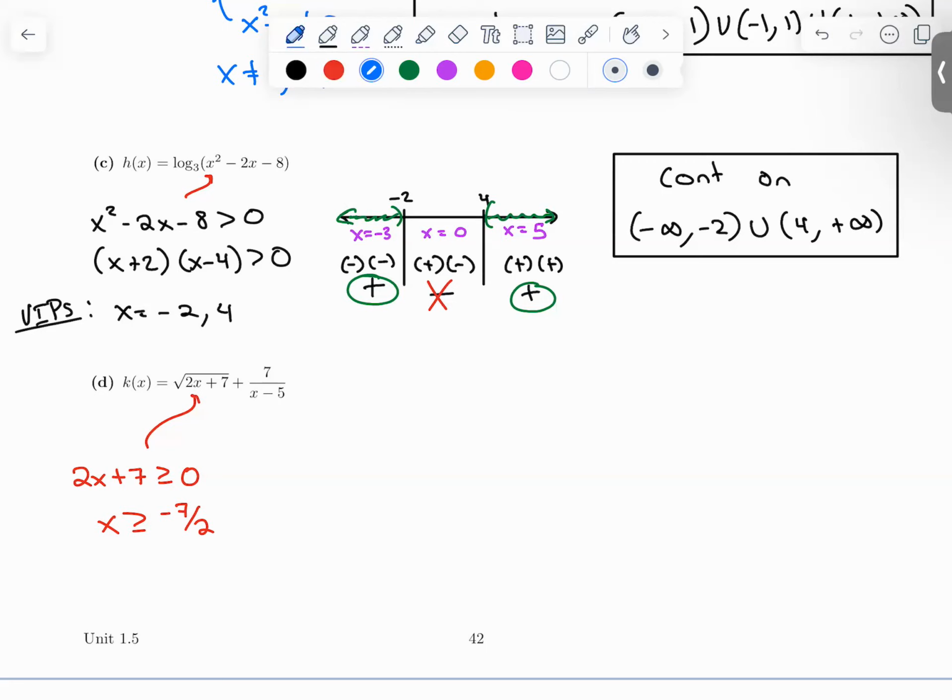The rational portion also plays a role. x minus 5 cannot equal 0, so x cannot equal 5.